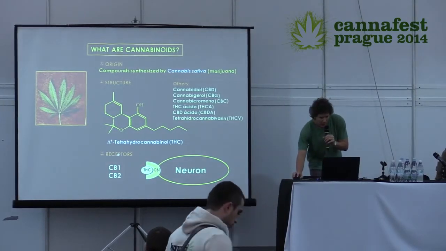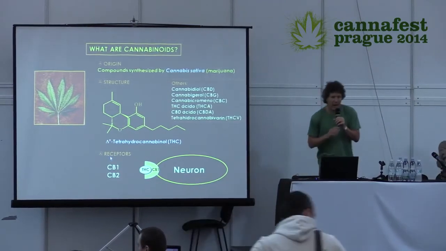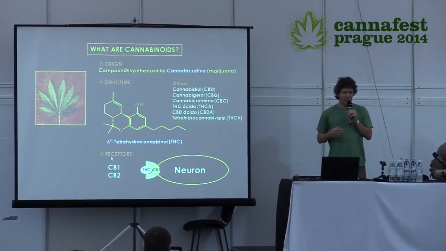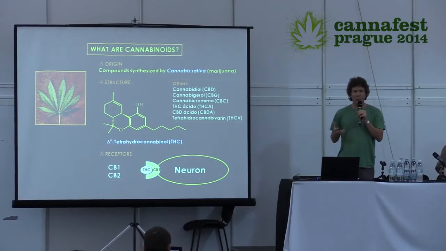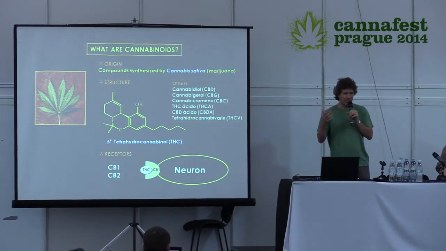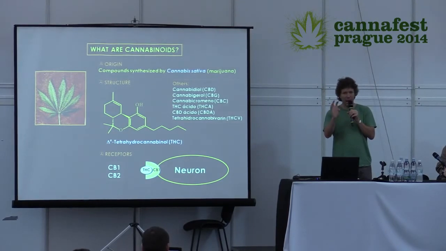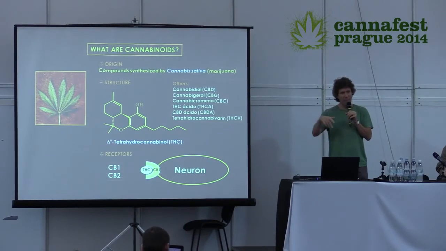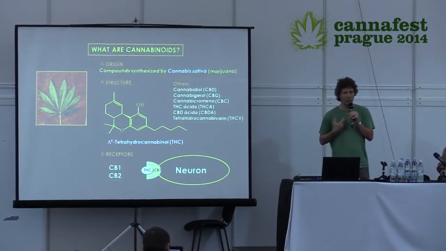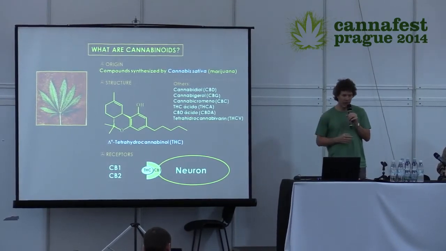You know as well, I think, that cannabinoids, the active compounds of cannabis, do not act on our body by magic. They act because they have specific molecules that bind them, that recognize them, that sense them, and therefore make our tissues, our organs, to be sensitive to cannabinoids.